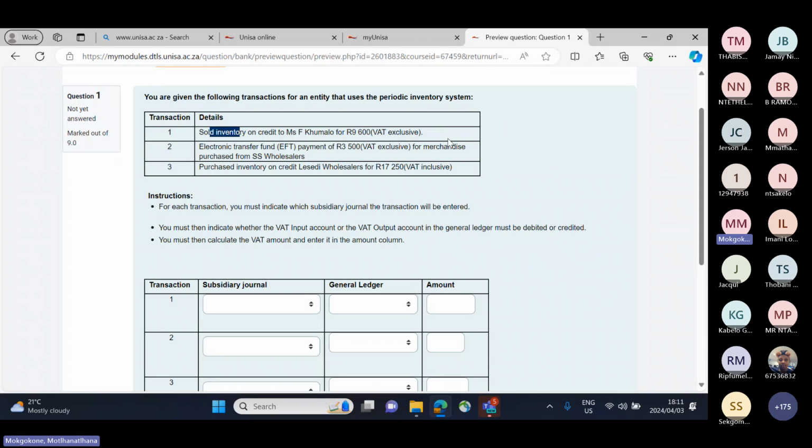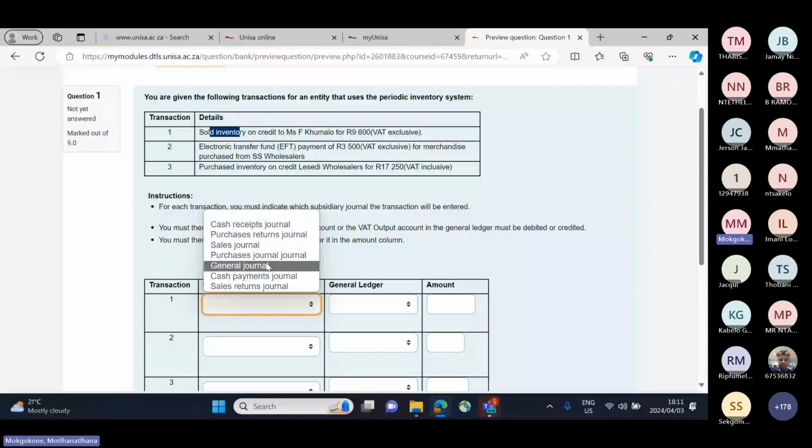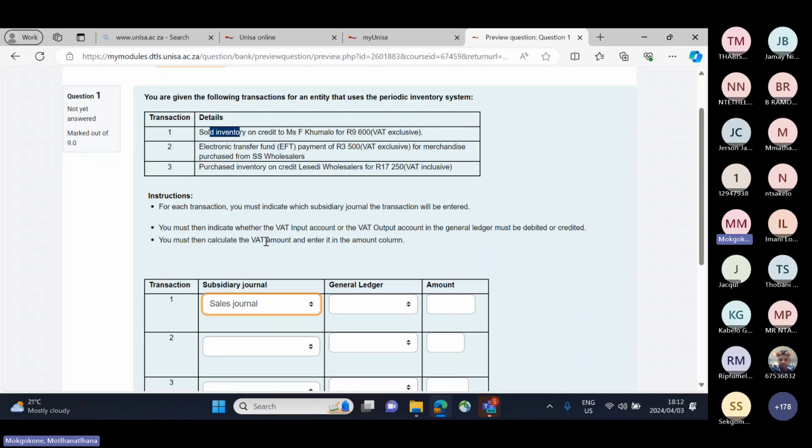Because we sold inventory on credit, and in our last revision class we said inventory sold on credit is recorded under the sales journal. So you choose the sales journal. The amount given excludes VAT, 9,600.